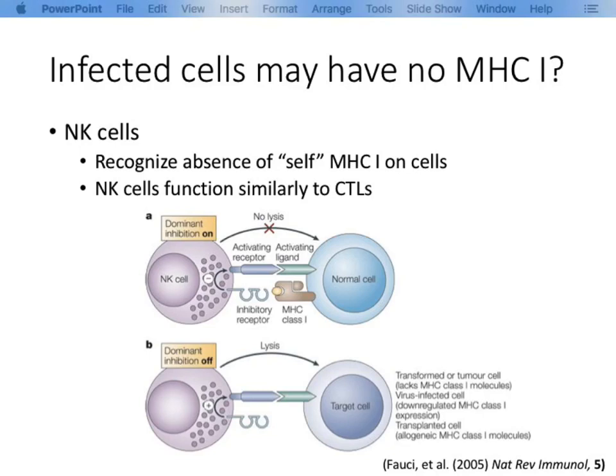This is important not only in terms of infection, but these days we're seeing a big movement in immunology in cancer therapy.